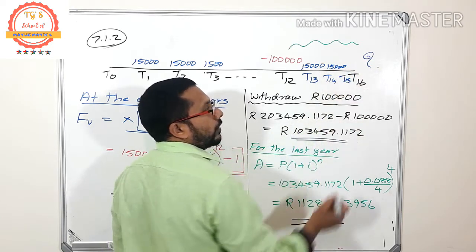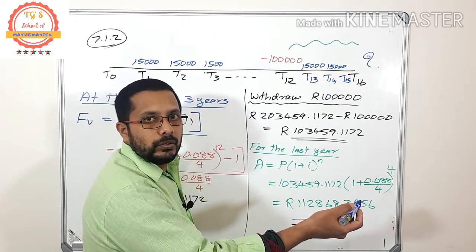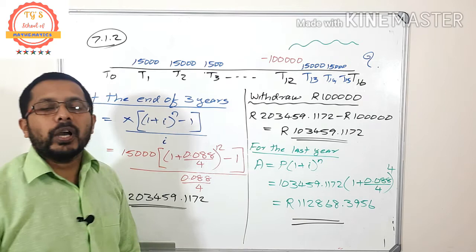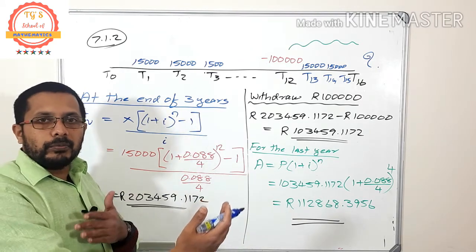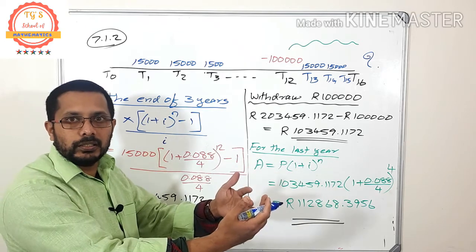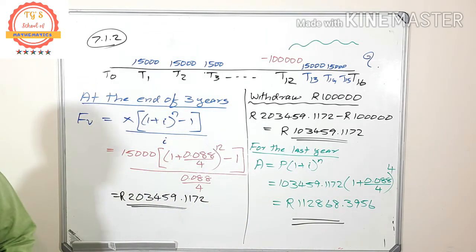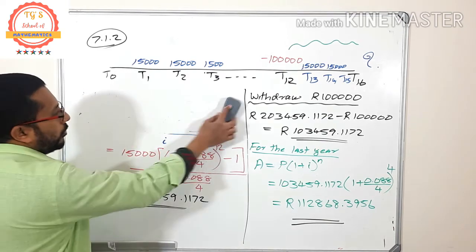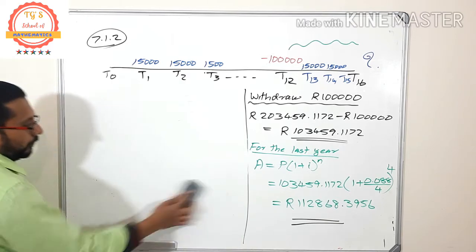T15 she pays another 15,000. T16 she pays another 15,000. So you have to find the amount for the last 1 year of payments, 15,000 like that. You understand? Okay, so hope you wrote this one. So I'm going to continue it here.